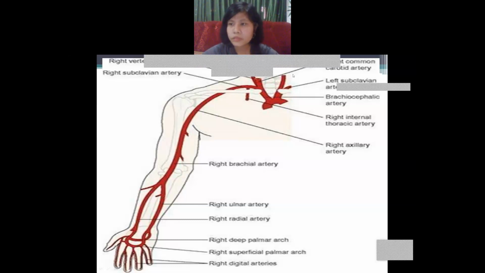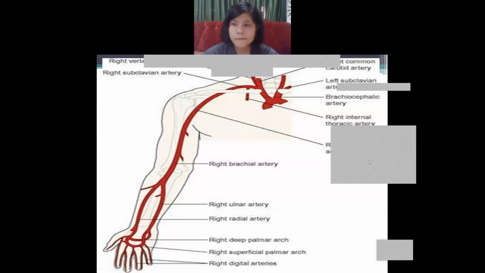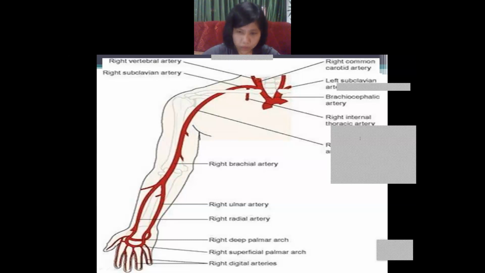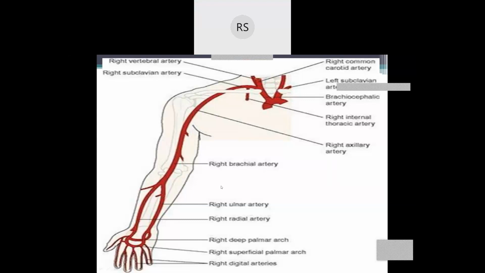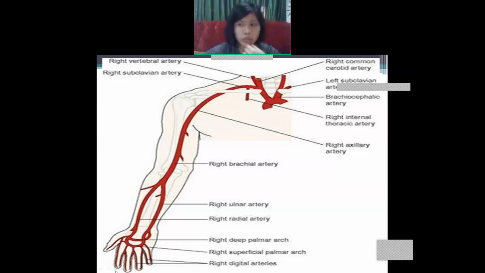Yes. Do you understand? Yes, understand, ma'am. Okay. Shall I continue with veins, or else is arteries enough? If I discuss veins, I will discuss them in the next class.